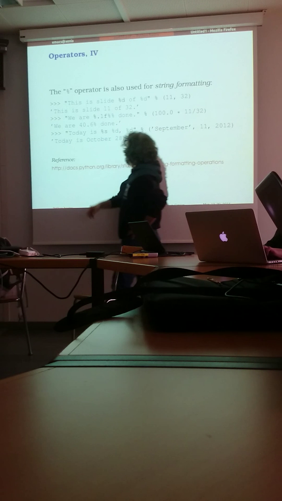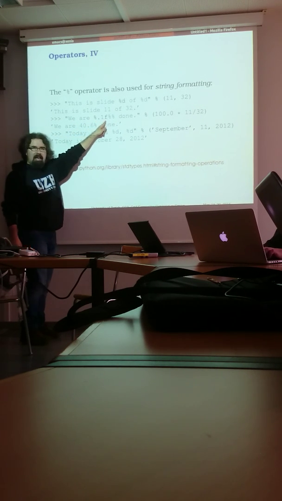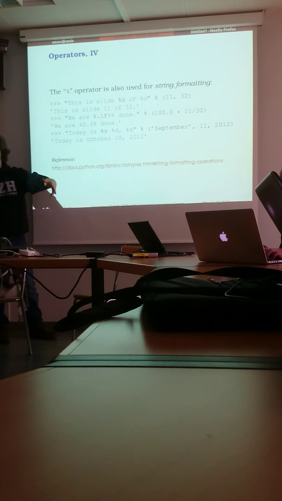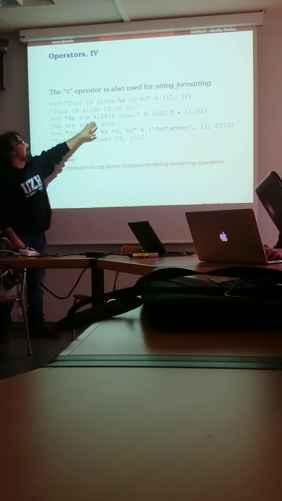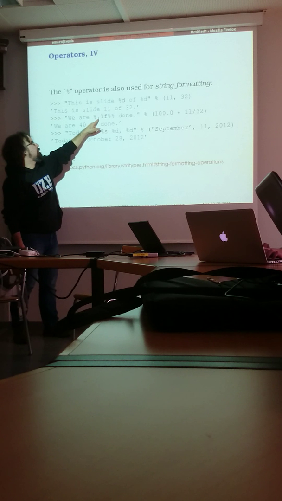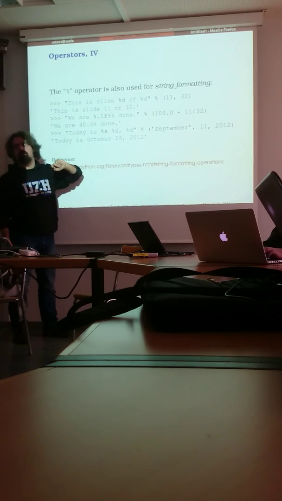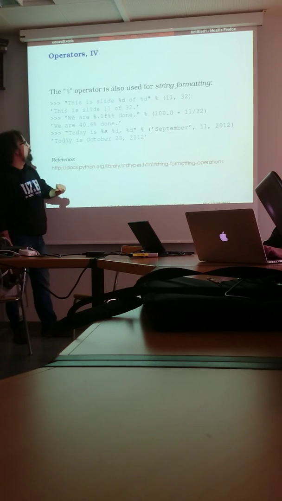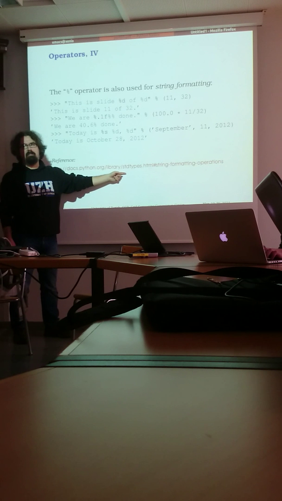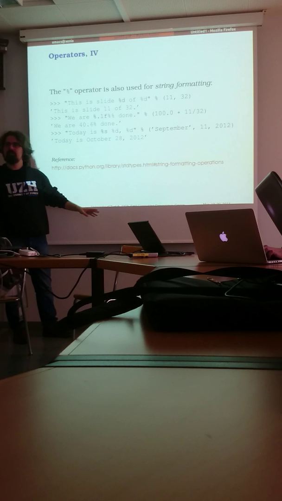Now things get more complicated with floats, in that %f means insert a floating point number here, but you can have a format specifier, and this means allow 1 digit after the decimal point. Again, the complete specification is here, but if you're familiar with C, it's exactly the same format.